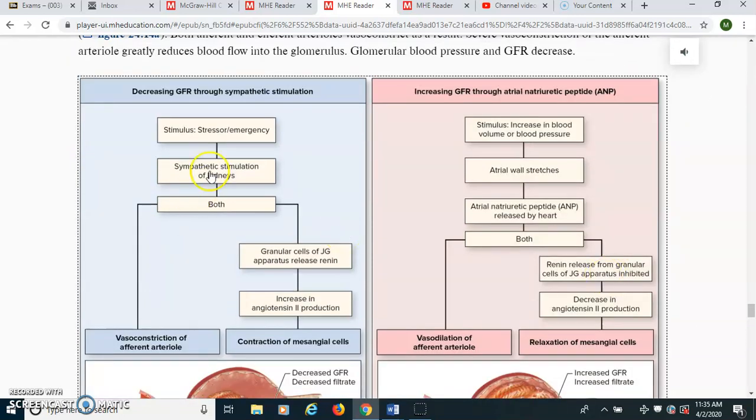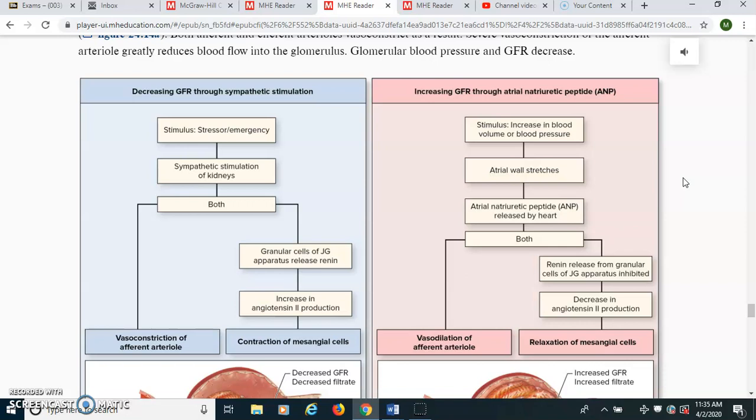So then the opposite could happen. We could have a situation where we have an increase in blood volume. This might occur with heart failure, liver failure. There's probably some other causes, but essentially we have an increase in blood volume, and that'll also increase blood pressure as well.